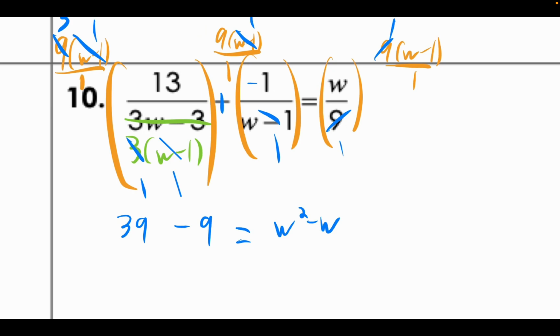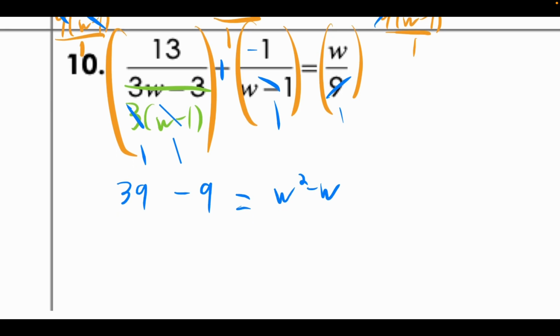And so here I will say this is really 30, so I'll subtract 30 from both sides, giving me w squared minus w minus 30 equals 0, or 0 equals on the left-hand side like it was a moment ago, or if I just go ahead and move it to the right-hand side, that's perfectly fine. We don't care whether the equation is flipped around or not. And I just prefer it being on the left side just for organization's sake for me personally.